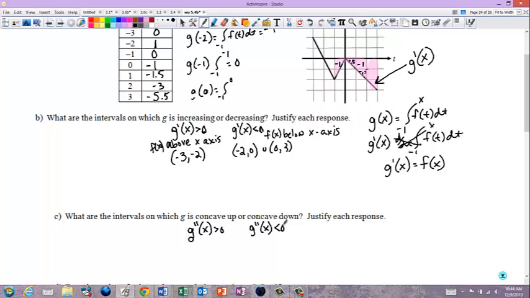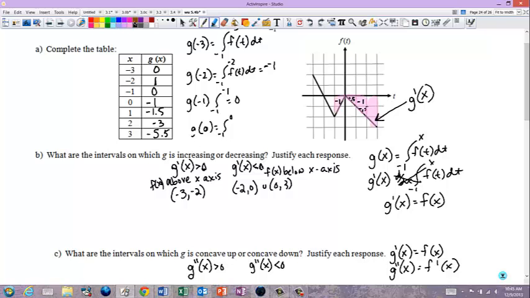So in relation to f, if g prime of x is f of x, then g double prime of x would be f prime of x. So I want to know where the derivative graph, because if this is g prime, I want to take the second derivative of this, so I'm looking at the slope.